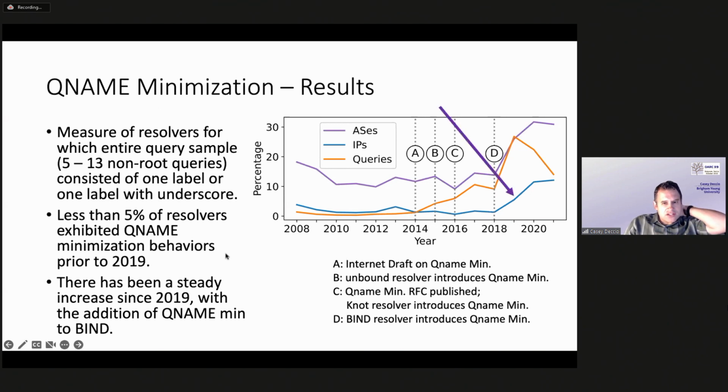Let's see, at least in 2019 was when we saw our first reasonable jump here with the addition of QName minimization to BIND. That's that marker D in the slide there. And you can see other milestones along the way in this and in previous graphs: Internet draft on QName minimization, Unbound resolver introduces QName minimization, et cetera.